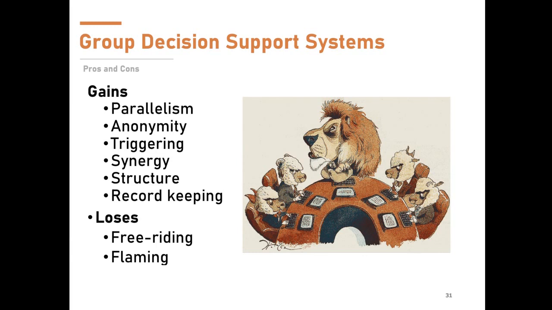Those systems allow parallelism, which means that group members can contribute simultaneously, and this can accelerate the decision-making process. So it can really reduce the time required to reach a consensus.